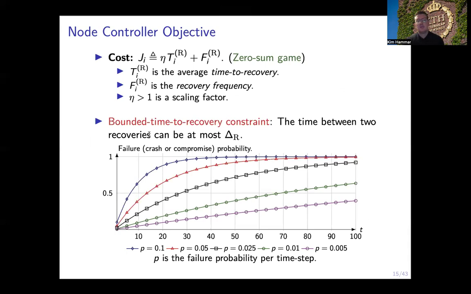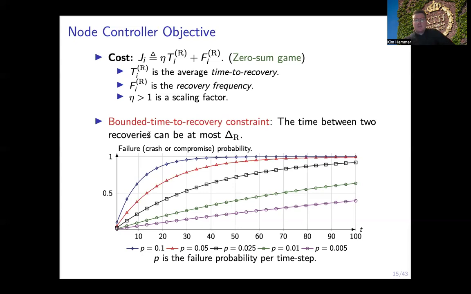On the one hand, it wants to minimize the time to recovery. As soon as we suspect an intrusion, we would like to do recovery. But on the other hand, we also want to minimize the frequency of recovery, because each recovery incurs a cost. And we also add a safety constraint here, which we call the bounded time to recovery constraint, that the time between two recoveries has to be upper bounded by some value delta R.